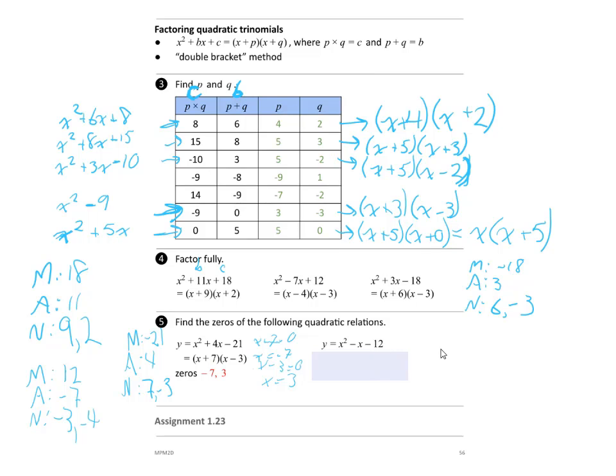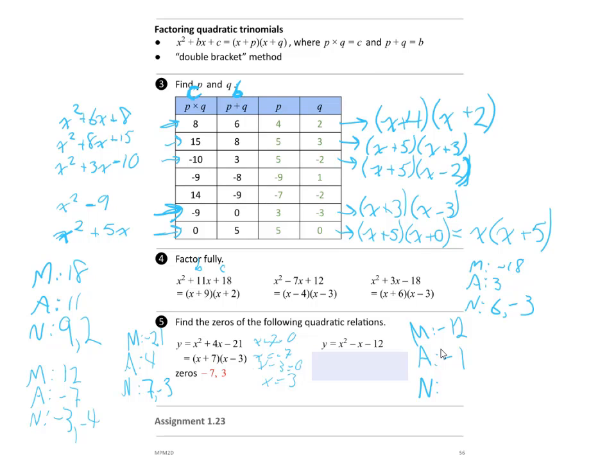Next example, what multiplies to negative 12, adds to negative 1? Remember, if there's no number in front of the x, that means that there's just a 1 there, and here it's negative 1. What two numbers multiply to negative 12, add to negative 1?